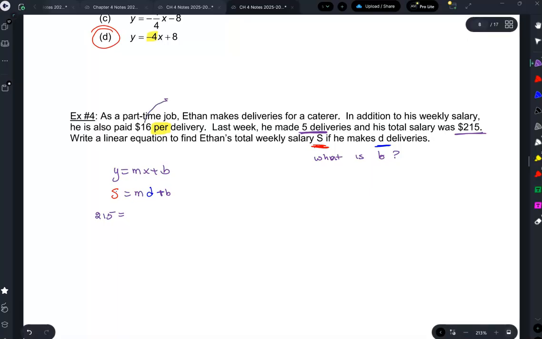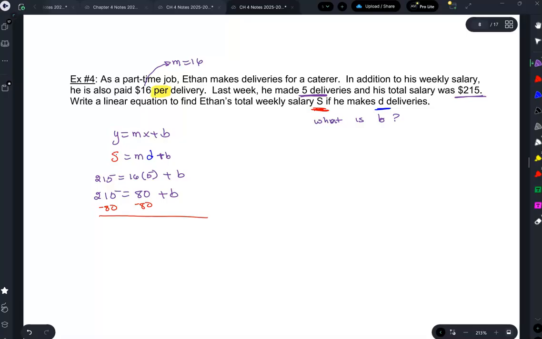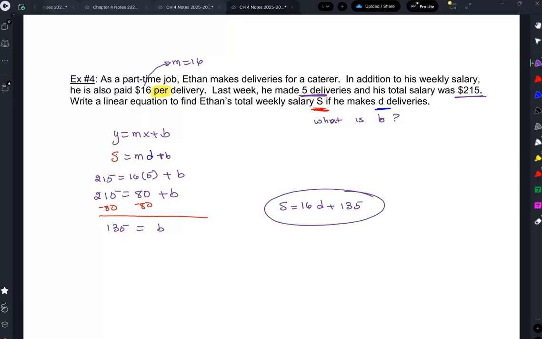So now the 16 is your M. So 215 equals 16 times D, which is 5, plus B. So 215 is equal to 80 plus B. Subtract 80, what do we get? 135 is equal to B. So now S equals 16D plus 135. All right? And that's how much money Ethan's making.